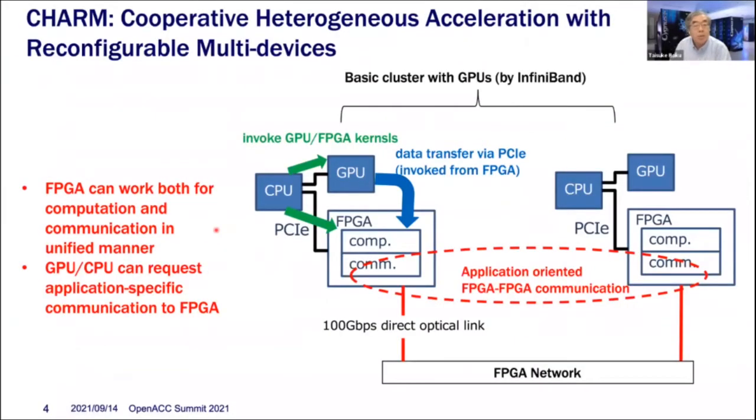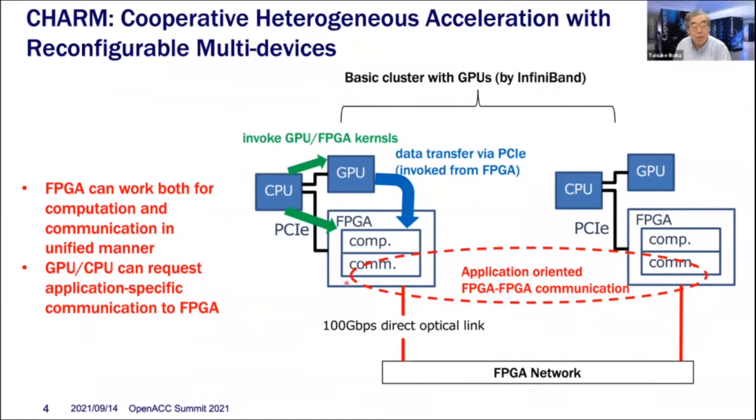This is a conceptual picture which we call CHARM. CHARM stands for Cooperative Heterogeneous Acceleration with Reconfigurable Multi-devices. Our concept is how to combine the GPU and the FPGA together to help each other. We have a CPU, of course, and a GPU plus additionally an FPGA here. The FPGA has two roles, computation and communication.